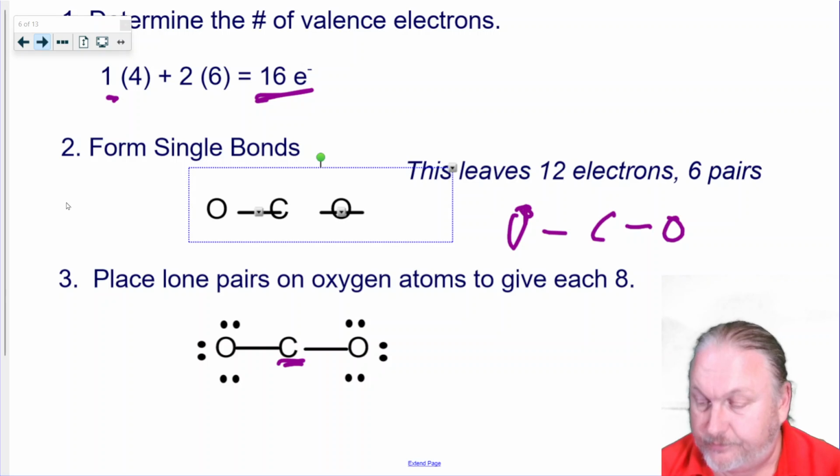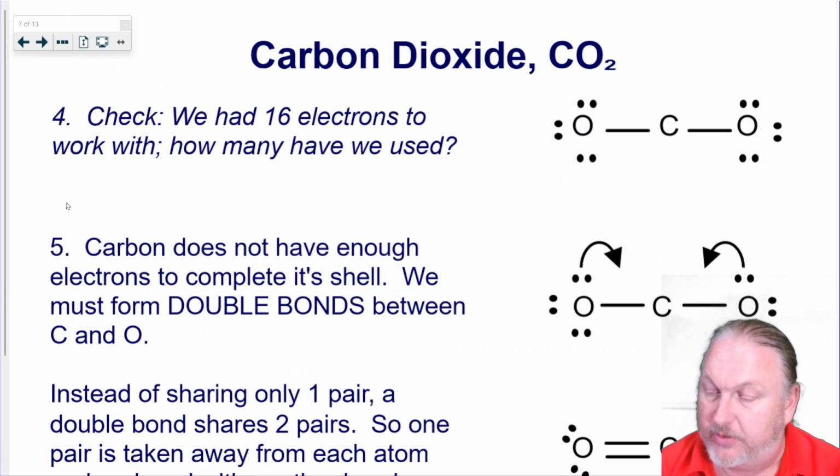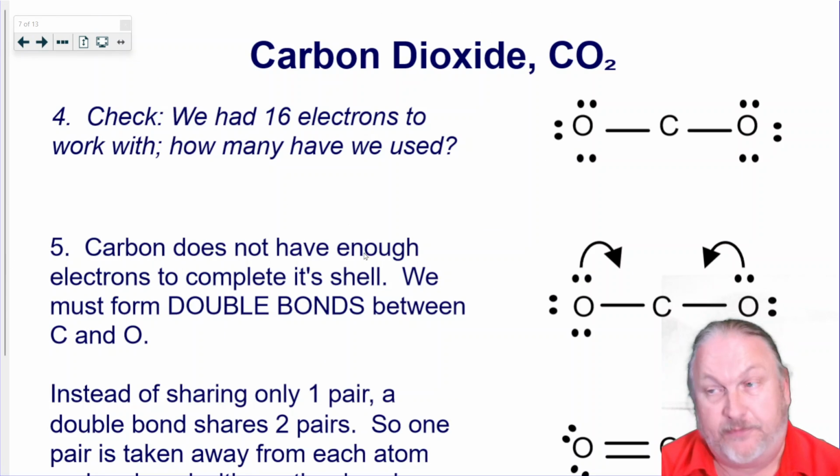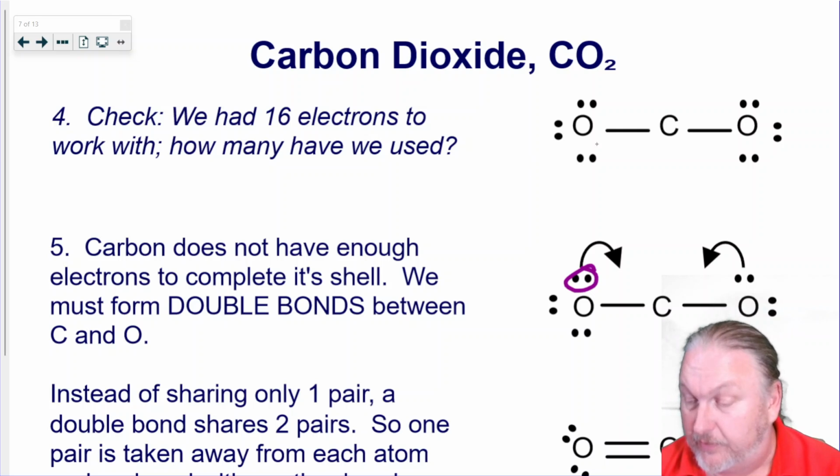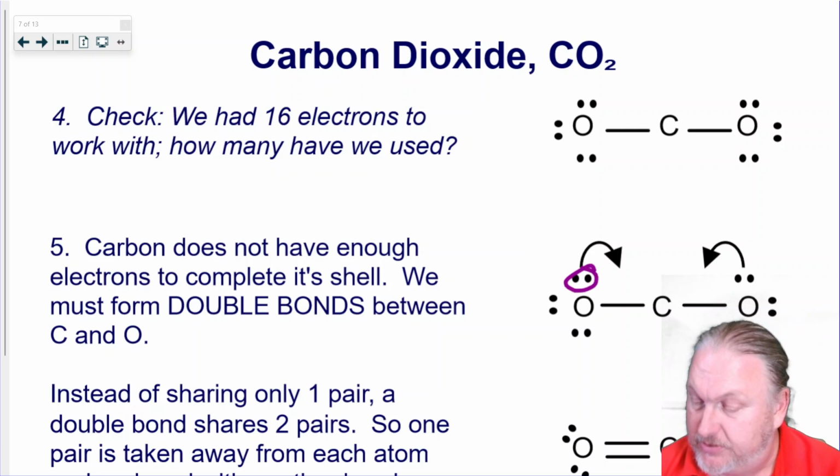It needs 4 more electrons. So that tells me that they're going to be sharing a couple of pairs of electrons, actually 4 electrons. We did use those 16 electrons, so we're going to move that pair right there, which gives me a double bond.